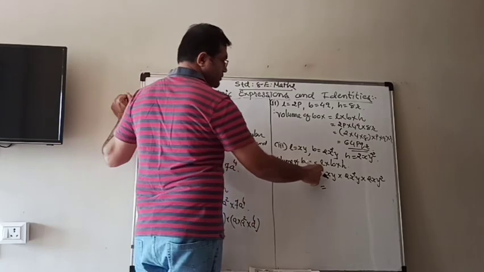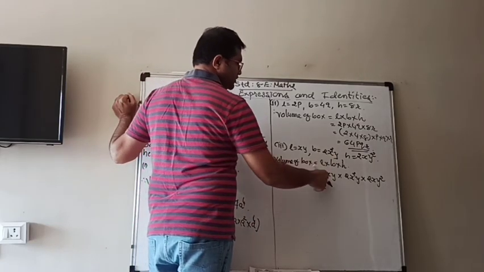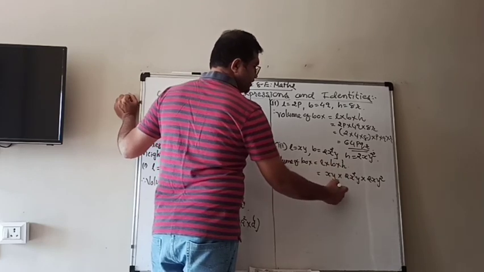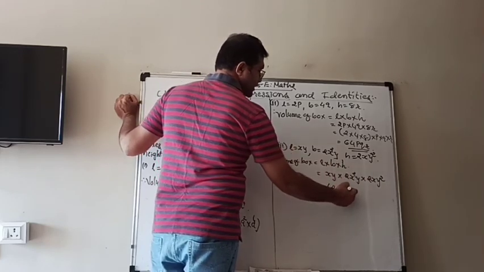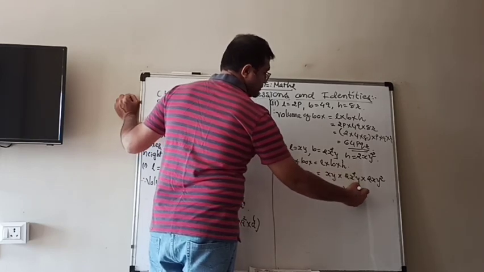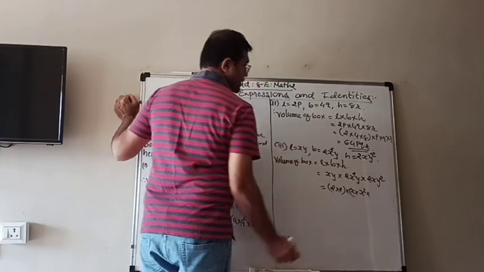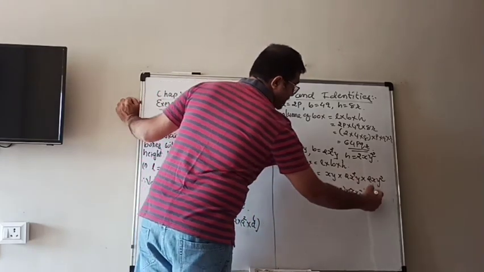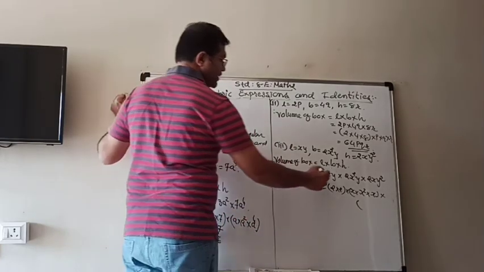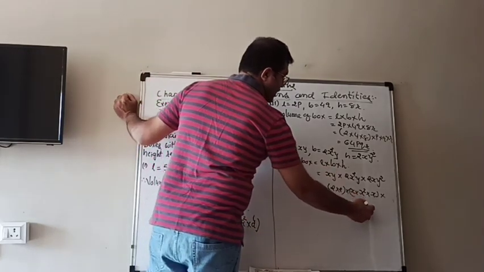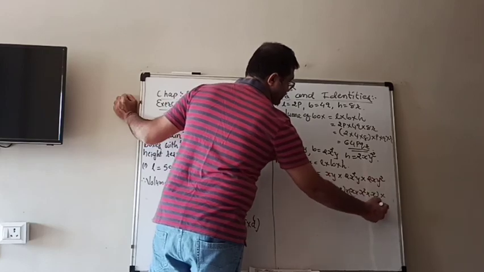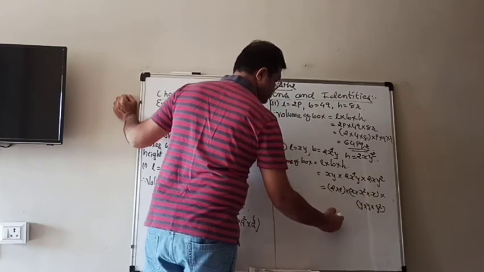Here the first monomial has coefficient 1, so we don't take it, now 2 and another 2. Now x multiplied by x square multiplied by x, and y multiplied by y multiplied by y square.